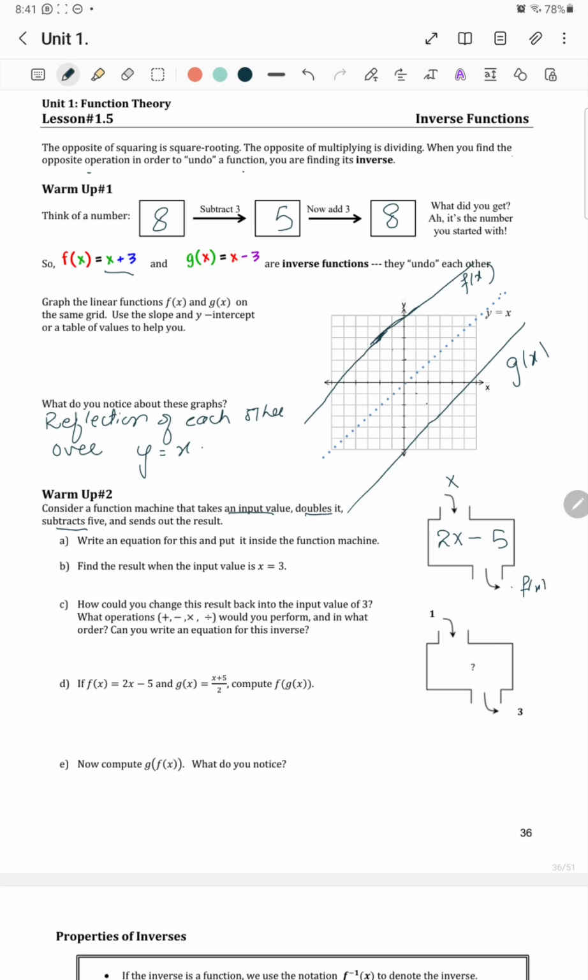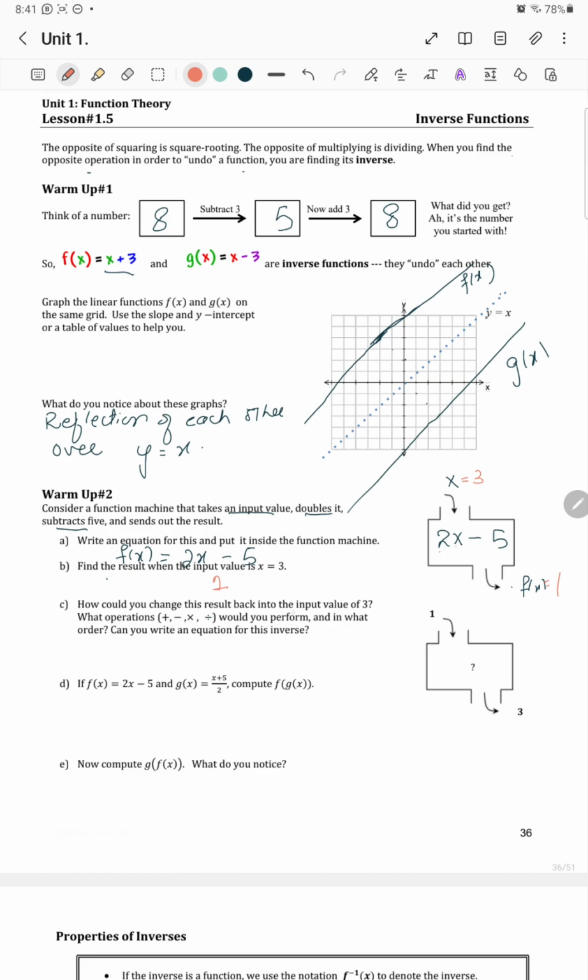So the function machine has the equation f of x is equal to 2x minus 5. Find the result when the input value is 3. So if we put the input value 3, it would be 3 times 2 is 6, minus 5 is 1. So the answer would be 1.